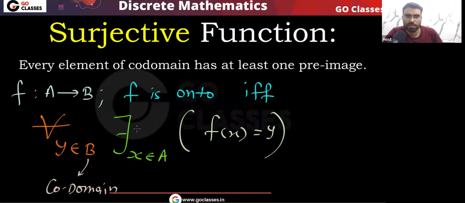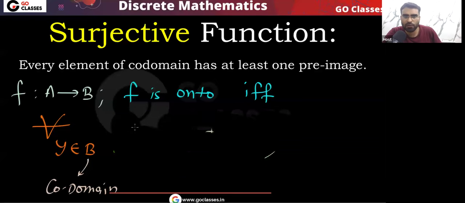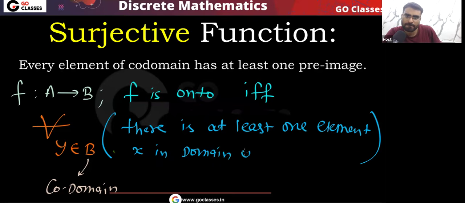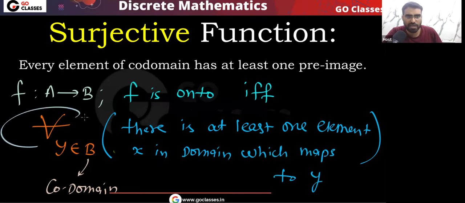In simple words, there is at least one element x in the domain which maps to y, and this would happen for every element of the codomain.